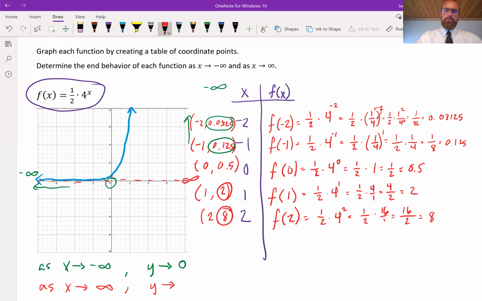In fact, if I were to zoom down to 10, let's say we tried to evaluate an x value of 10, f at 10 would be half times 4 to the power of 10. And that calculation gives us the value of 524,288, which is extremely ungraphable.